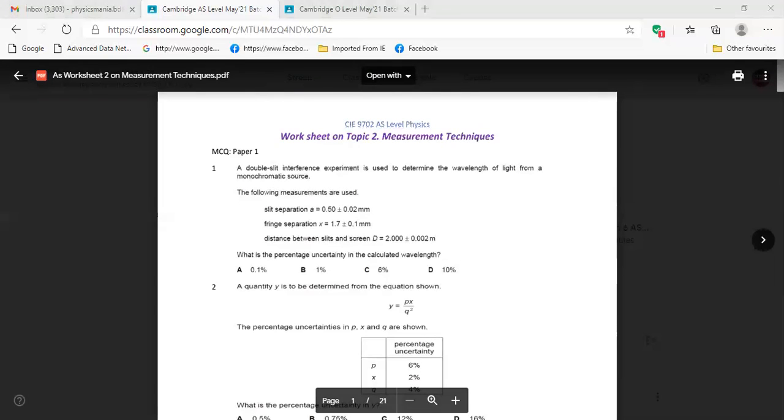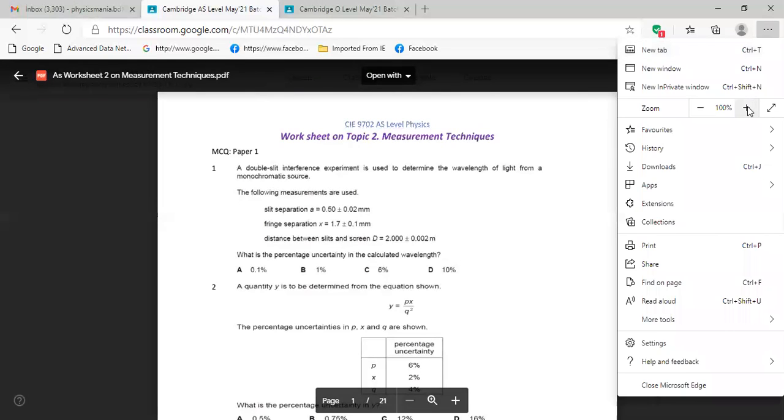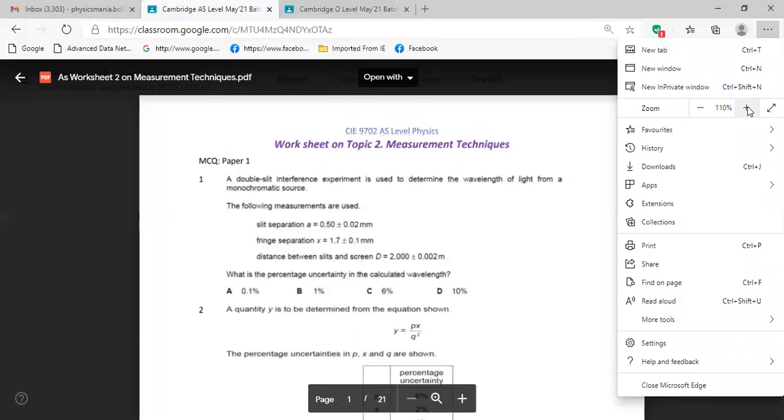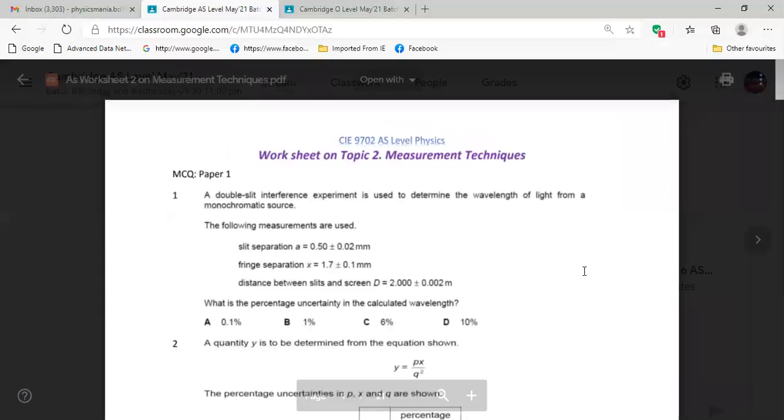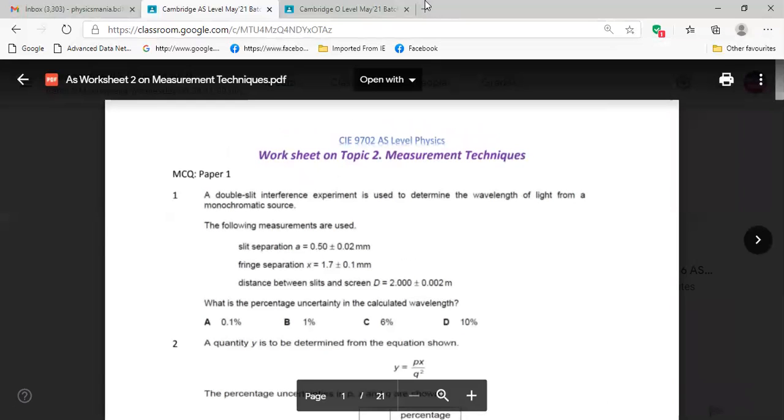Yes, sir. A double slit interference experiment is used to determine the wavelength of light from a monochromatic source. The following measurements are used. Slit separation a is equal to 0.50 plus minus 0.02 millimeter. Fringe separation x is equal to 0.7 plus minus 0.1 millimeter.